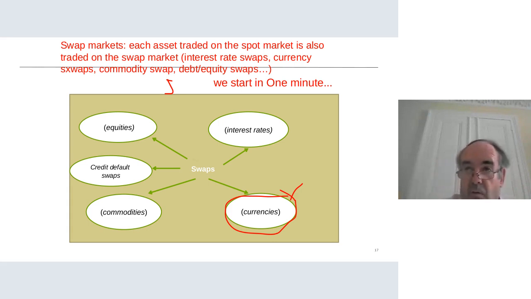What happens? Vietcom Bank gives Air France $10 because Air France pays 120 to Vietcom Bank and receives the variable price, the spot, which is 130. So Vietcom Bank pays 10.